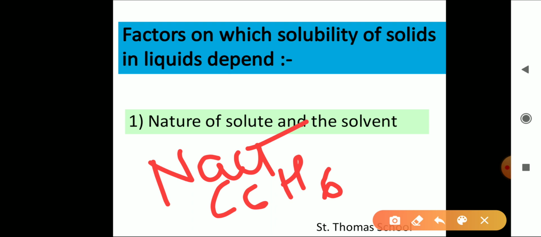They are soluble in non-polar solvents like benzene and ether, and less soluble in polar solvents like water.